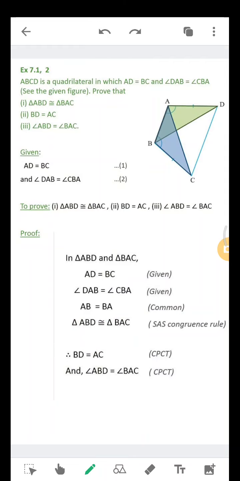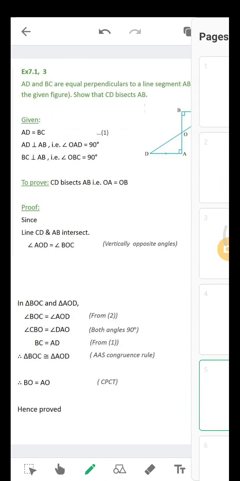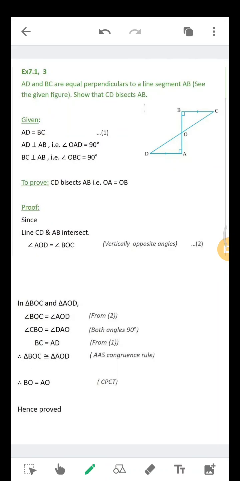So BD and AC will be equal, and angle ABD, this angle, will be equal to angle BAC. Okay, this angle. So the remaining parts we don't have to prove. We can directly say that they are equal by CPCT. Very simple questions. Okay, go step by step, that's all.